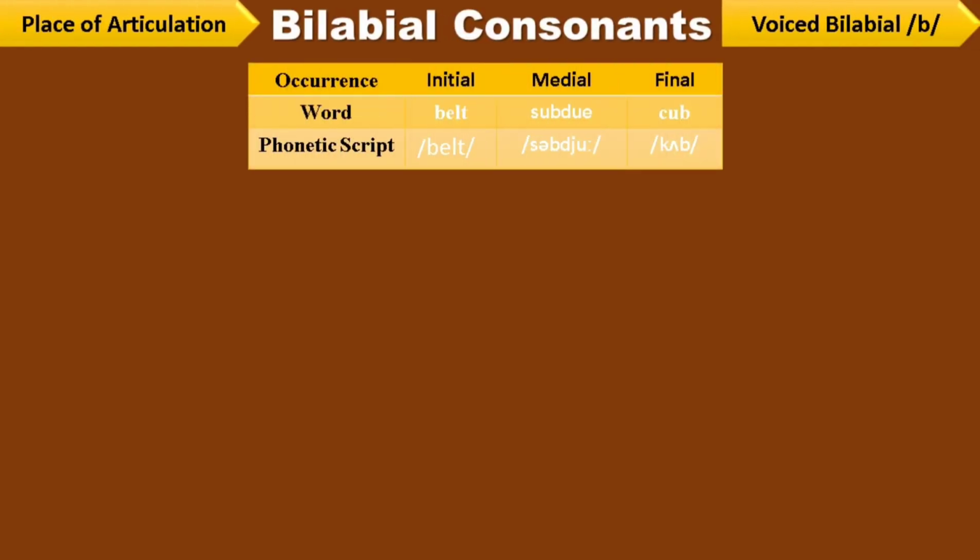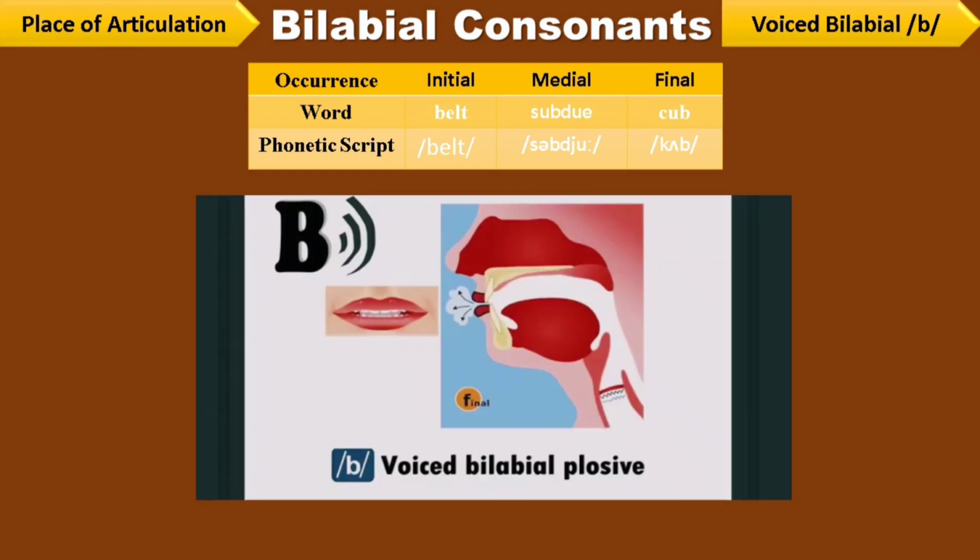We have the bilabial voiced b. When the sound bilabial b is articulated, the vocal box vibrates. That is, the vocal cords vibrate. This vibration is due to the closely kept glottis.